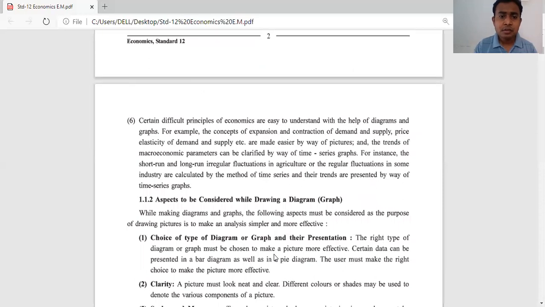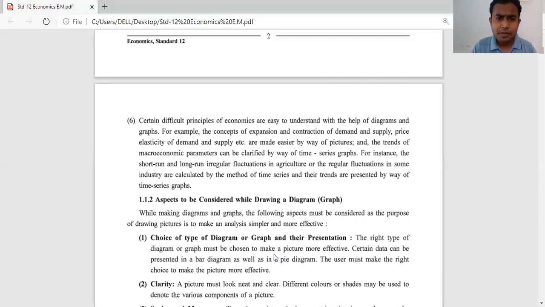The sixth point is, certain difficult principles of economics are easy to understand with the help of diagrams and graphs. For example, the concepts of expansion and contraction of demand and supply, and price elasticity of demand and supply are made easier by way of pictures, and the trends of macroeconomic parameters can be clarified by way of time series graphs. In microeconomics, there are many topics such as demand and supply, expansion and contraction of demand.